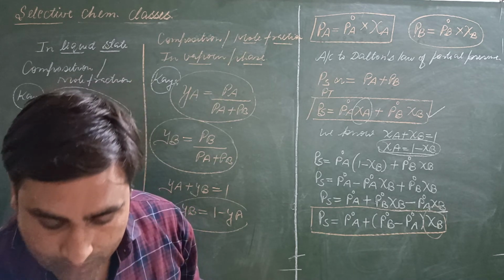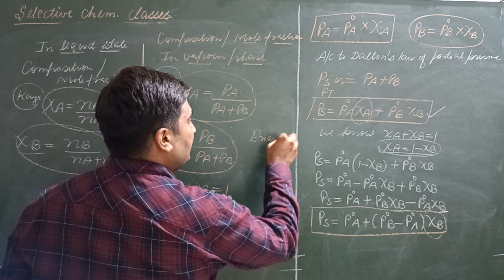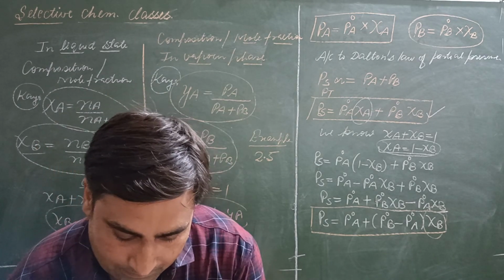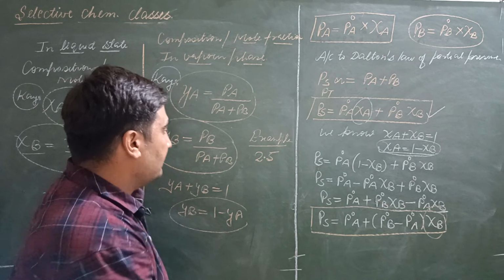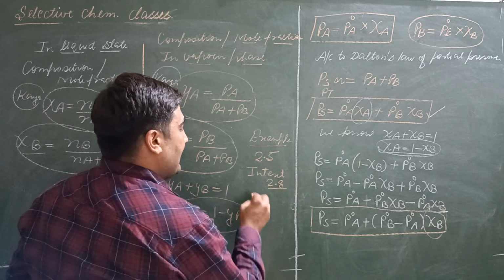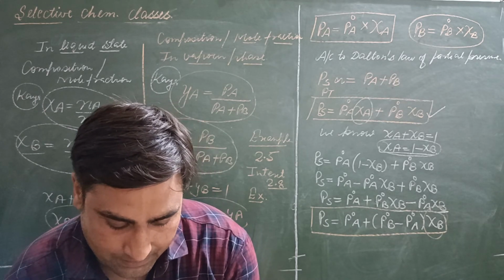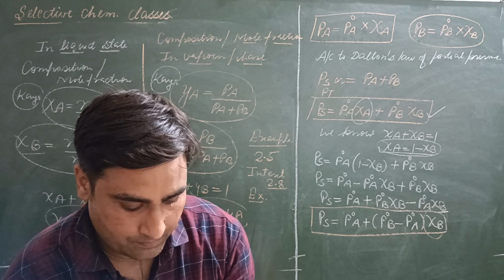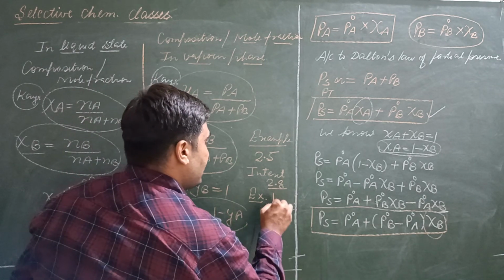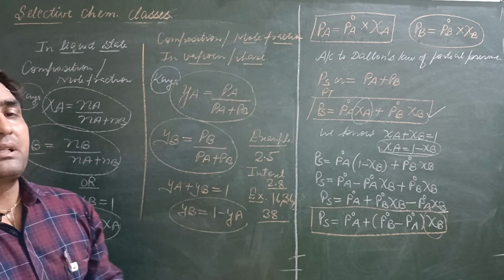By this we can solve example 2.5, then in-text question 2.8, and the exercise questions I am telling: exercise question numbers 16, 36 and 38 can easily be solved by these particular aspects.